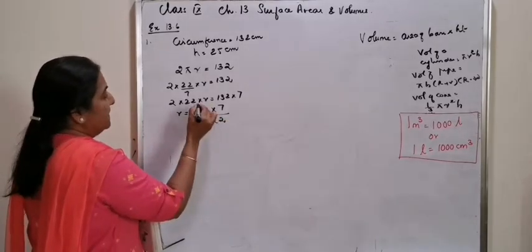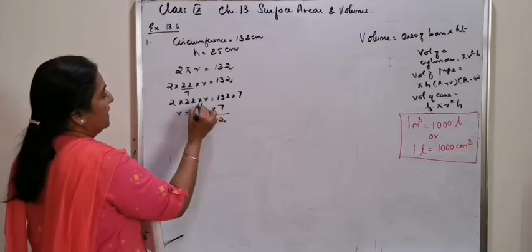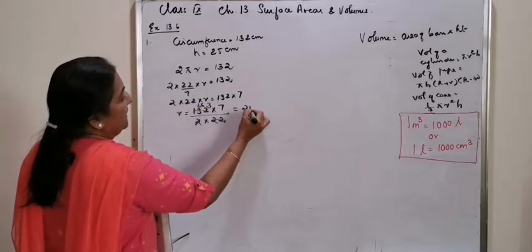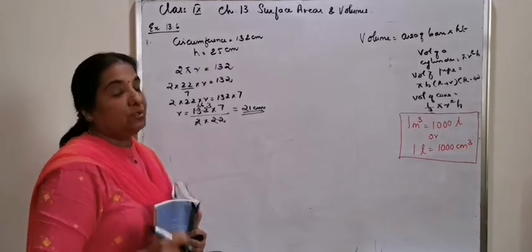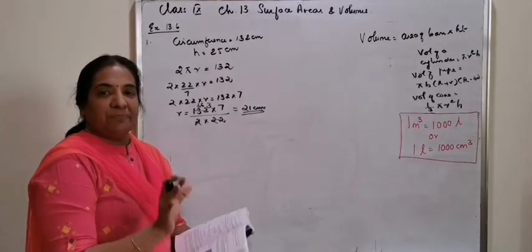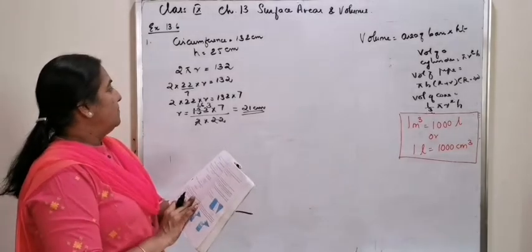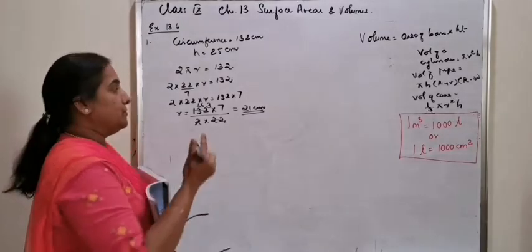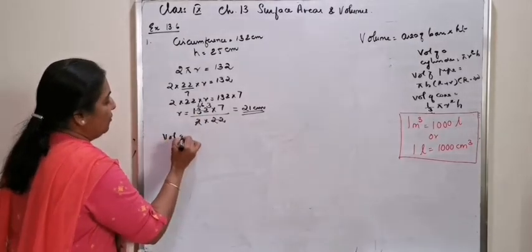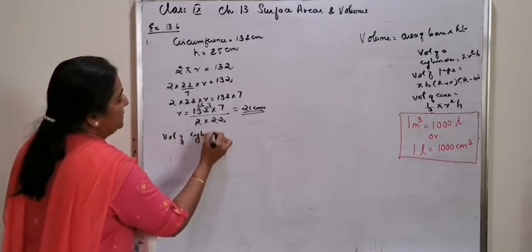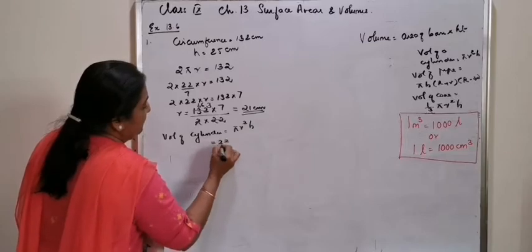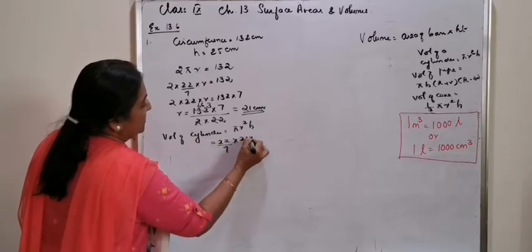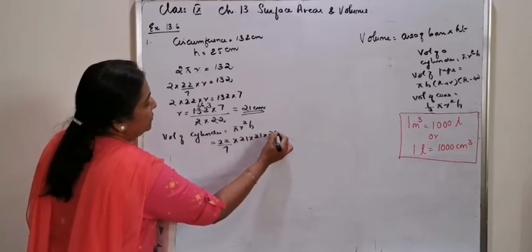And 2 is divisible with 66, 22 into 3, or the radius is 21 centimeter. Please avoid multiplication, only simplification in these exercises. And now height is also given to you. So directly volume of cylinder is equal to, the formula is pi r square h, which is equal to 22/7 into 21 into 21 into 25.